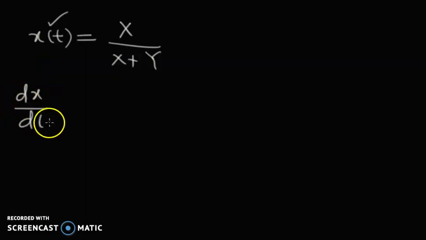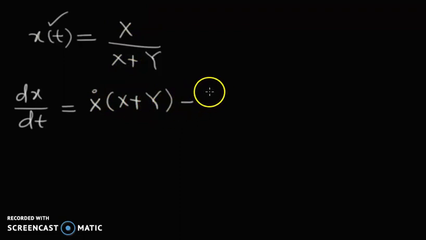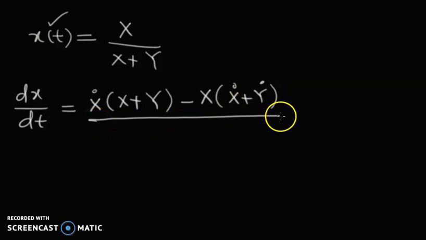So this is going to be, by using the quotient rule, which says differentiate u and keep your v the same, then minus keep your u the same and differentiate your v, and divide all of this by v squared.